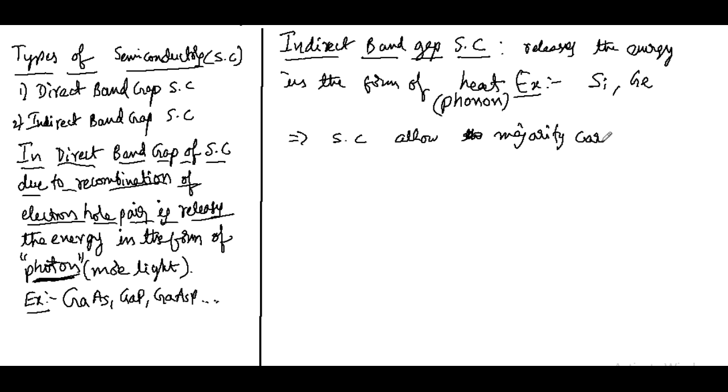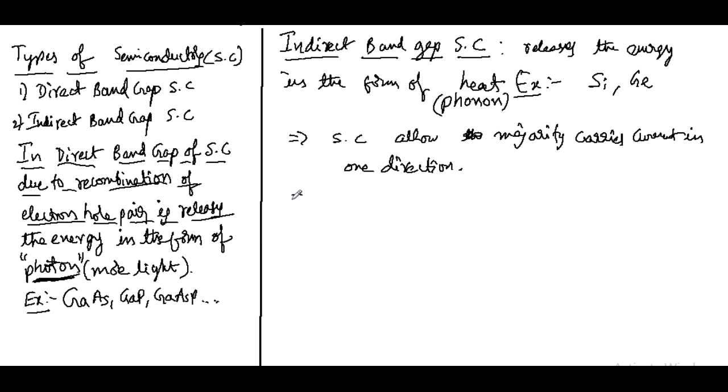Semiconductors allow majority carriers current in one direction. This is one of the important properties of semiconductors. That means semiconductors always allow the current in only one direction, from left to right or right to left. That current is the majority carriers current direction, right?